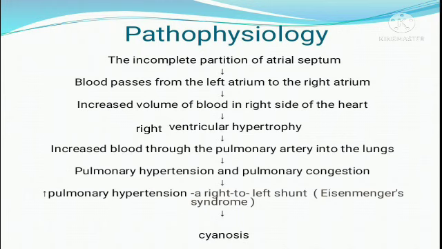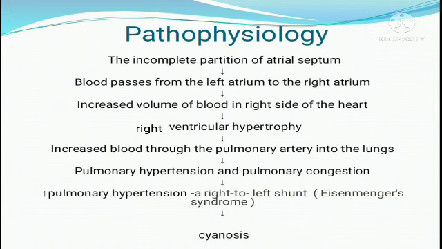The distensibility is greater on the right side of the heart, especially the right ventricle, so right ventricular hypertrophy occurs. The blood coming to the right side goes through the pulmonary artery, so there is increased blood flow through the pulmonary artery to the lungs.